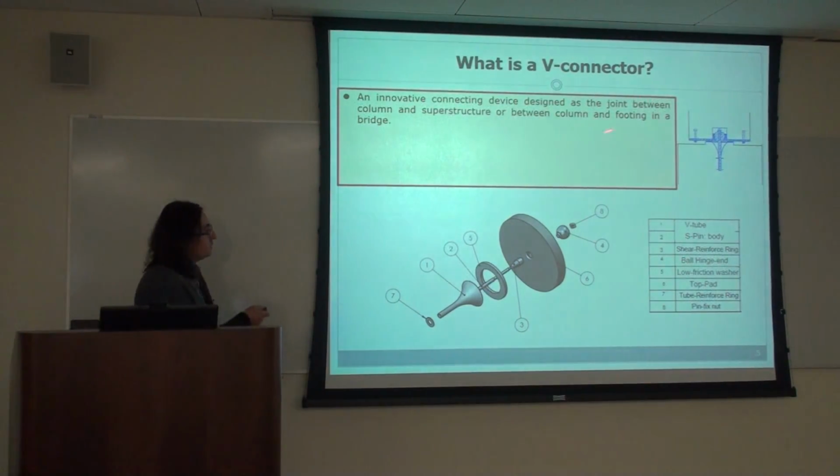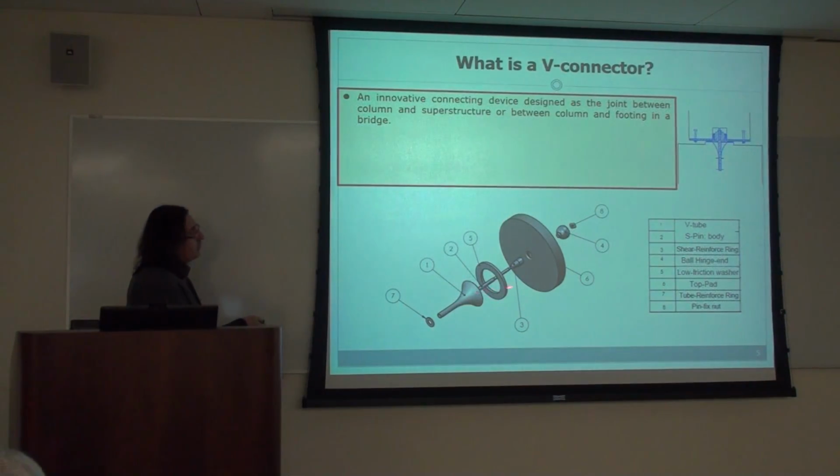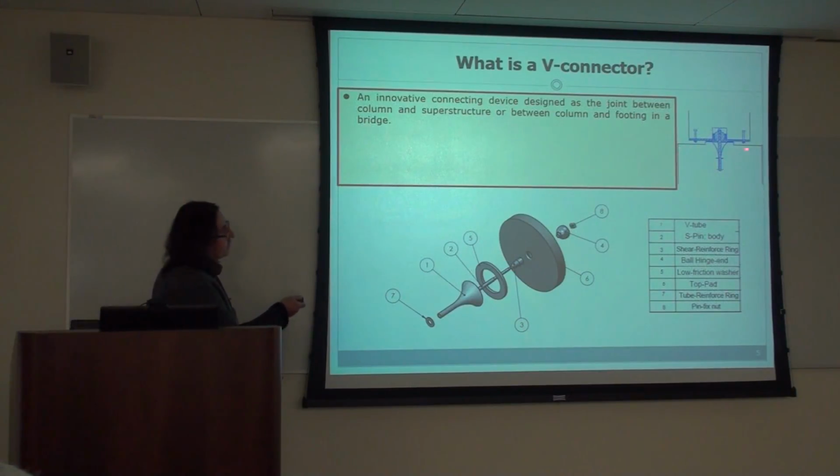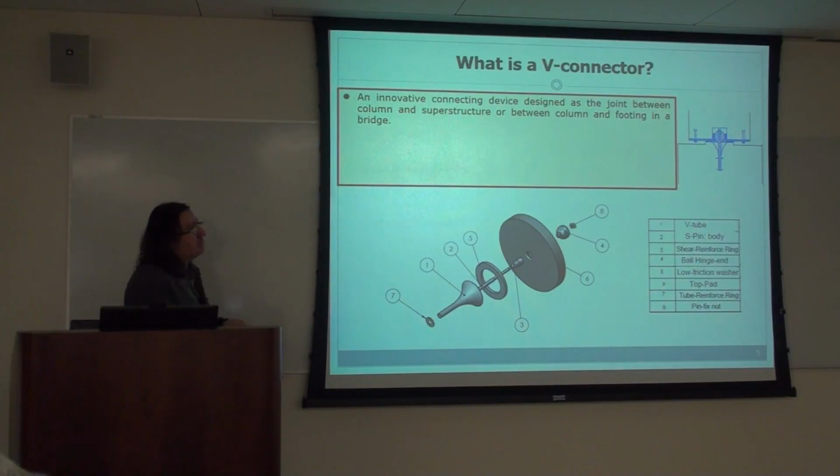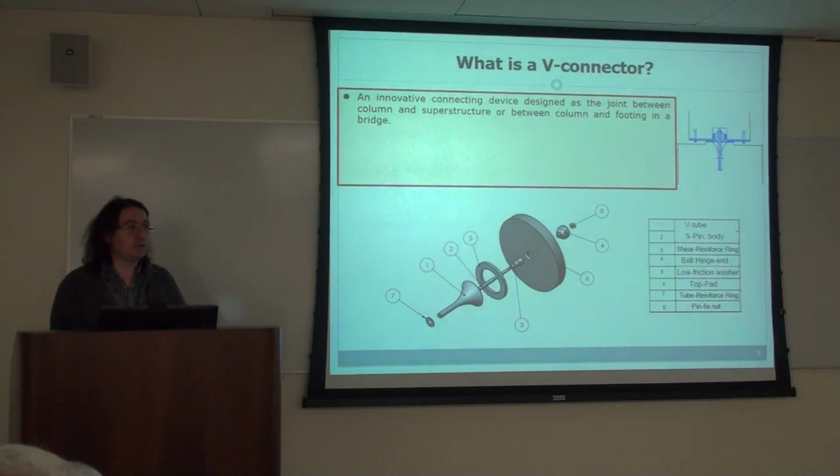So how it works is basically you have this V-cone that is, let's say, embedded in a column, and that houses this rod. The other end of the rod is connected to the superstructure through the hinge connection. And what happens is, ideally, this rod deforms elastically, and therefore it produces sort of an isolation layer.